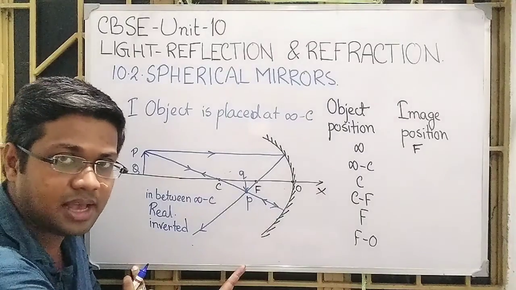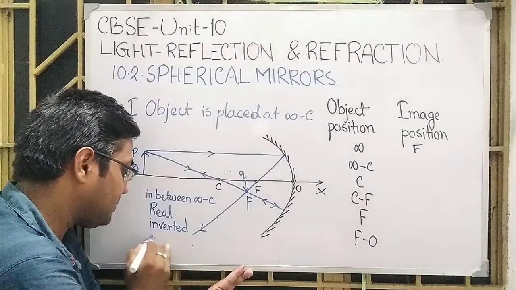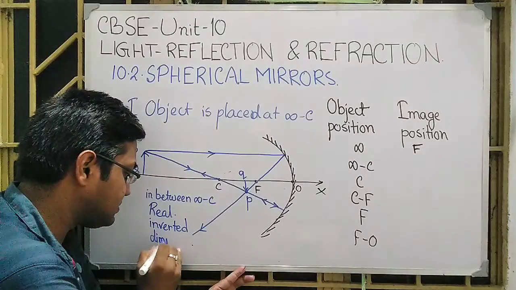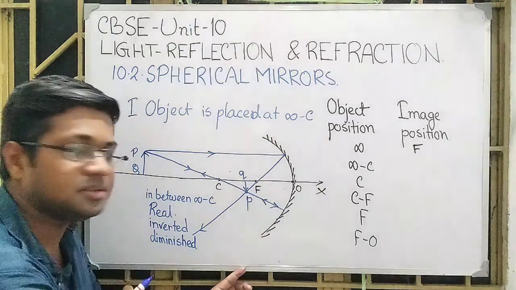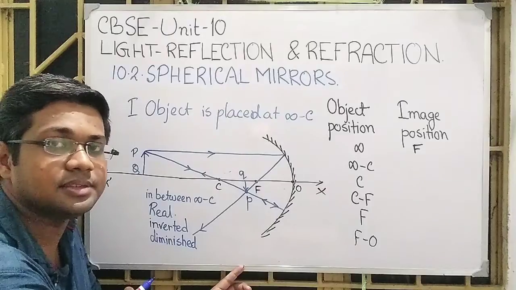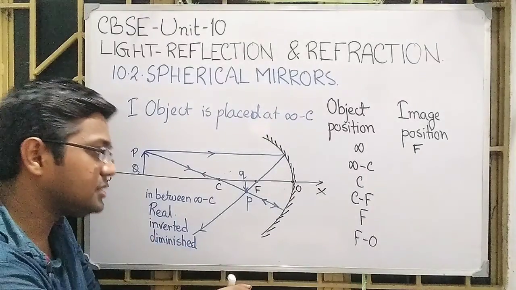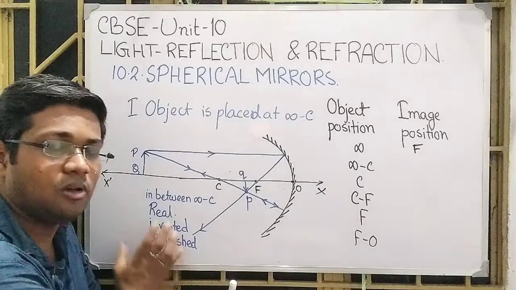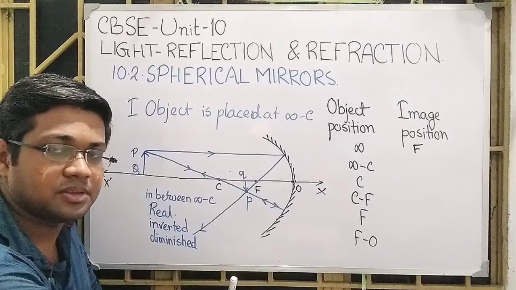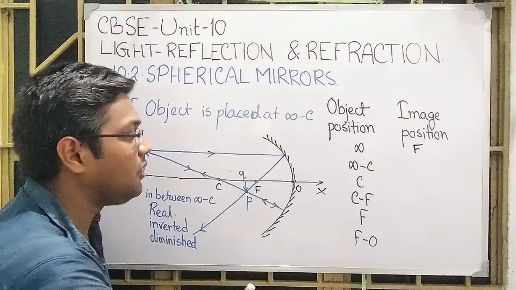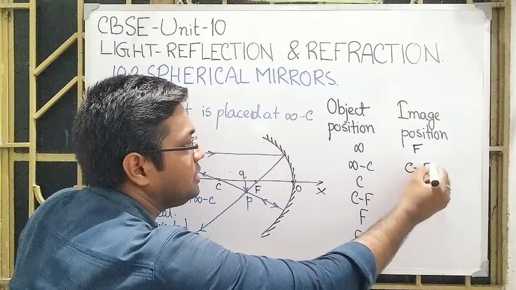Since the image size is small compared to the object, we can say it is diminished or smaller in size. So the four characteristics of the image explain all the things about this image formation. So I can write it here: where the image will be obtained, the image will be obtained in between C and F.